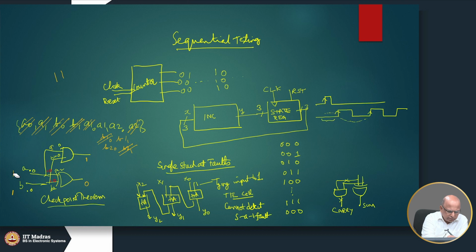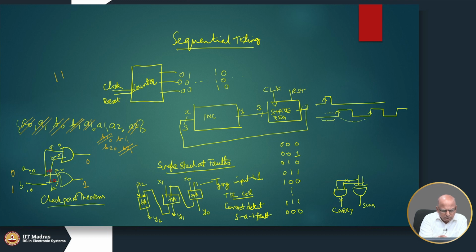Now, we will apply maybe 0 1. So, that will cause the output here to become 0, and here it will become 1. So, once again, what will cause the output to change from 0 to 1?